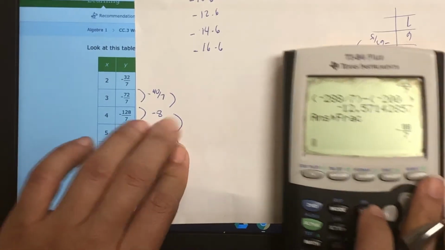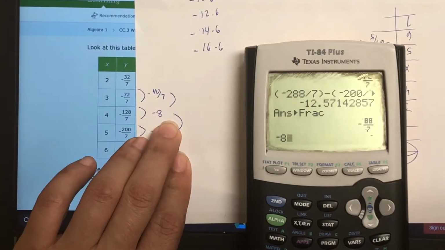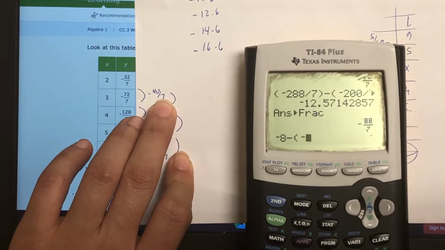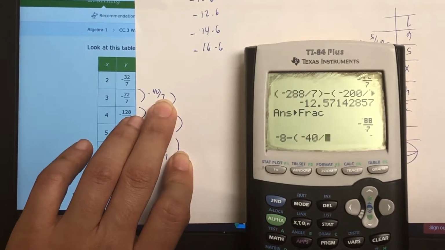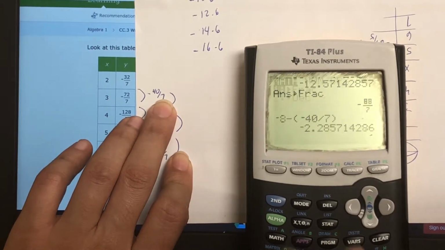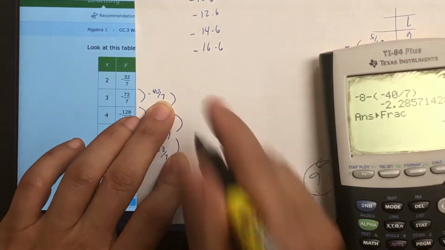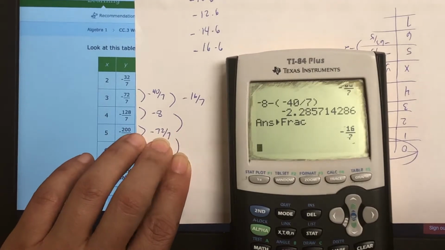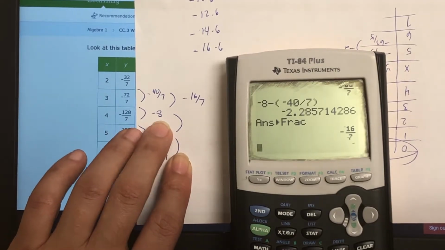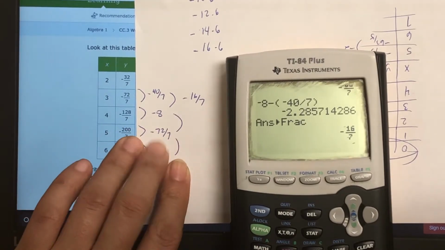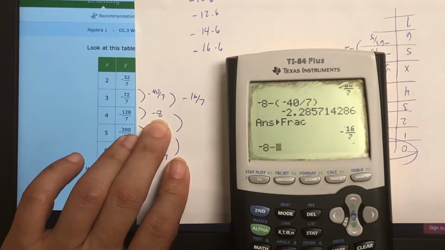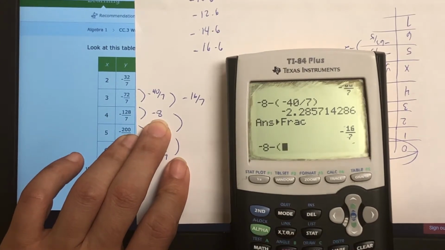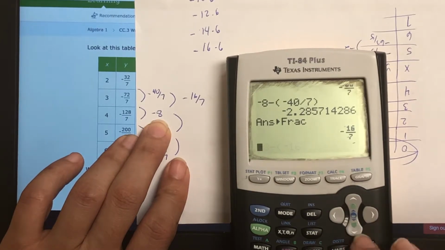Okay, now we're checking the second difference. So negative 8 minus this one, fraction in parentheses. Math, enter, enter. Negative 16 over 7. All right, now we're going to check this one. So if I do negative 8 minus 16 over 7, I should get the next one. Wait, I'm sorry.